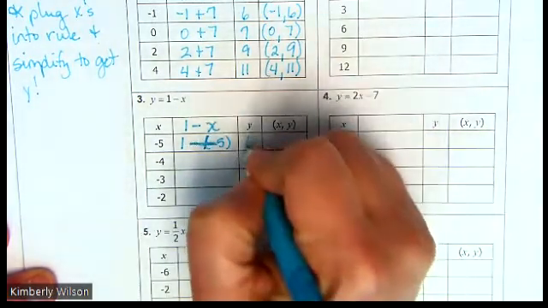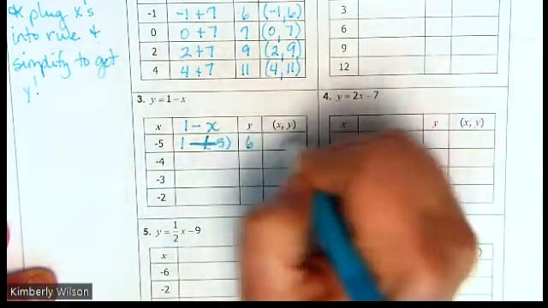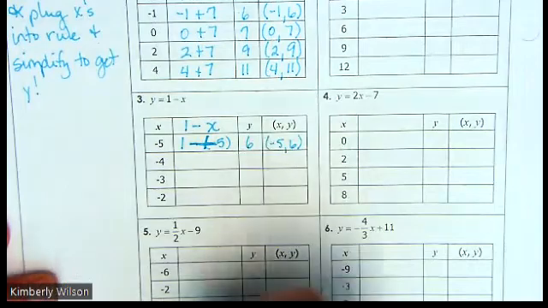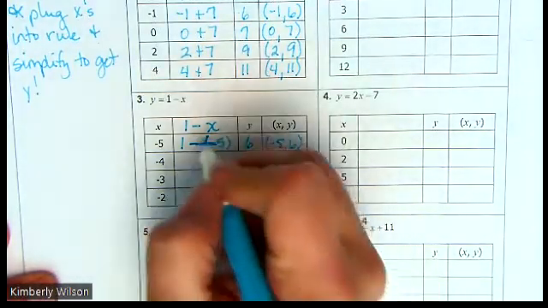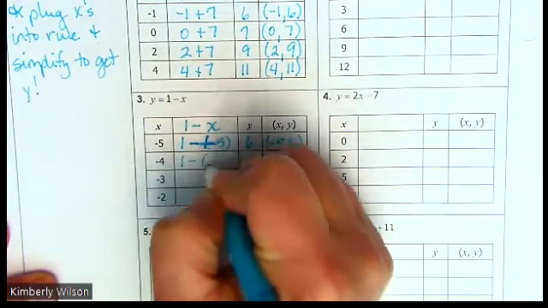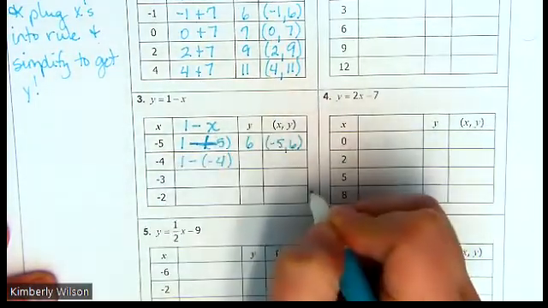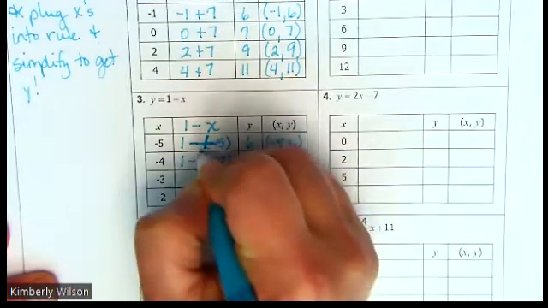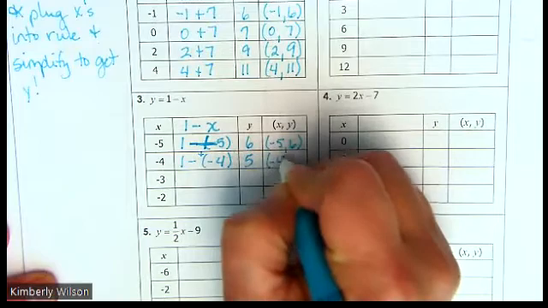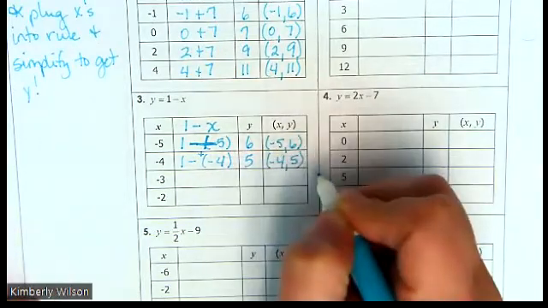So this is 1 plus 5, which is 6. So I have -5, 6. So when I'm looking at this, again, remember, it's 1 minus -4, which gives you 1 plus 4. So therefore, that's 5. So we have -4, 5.